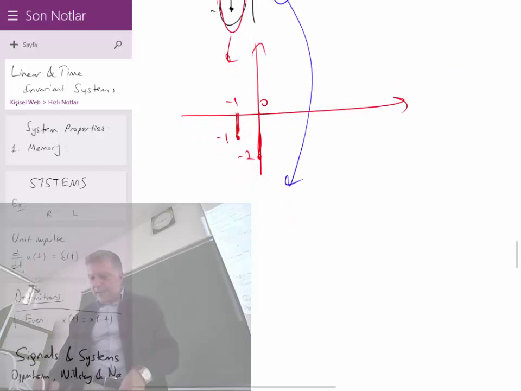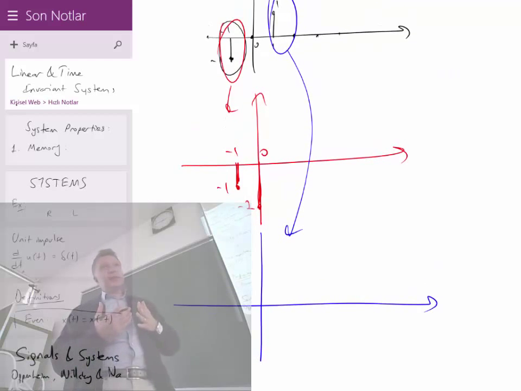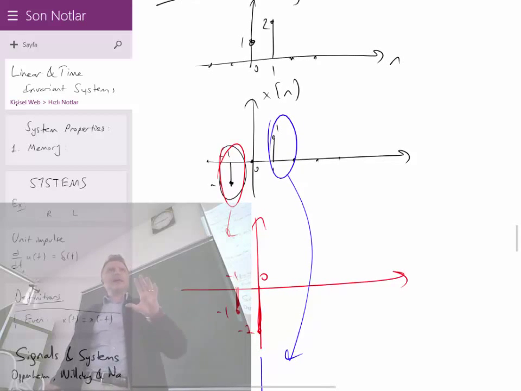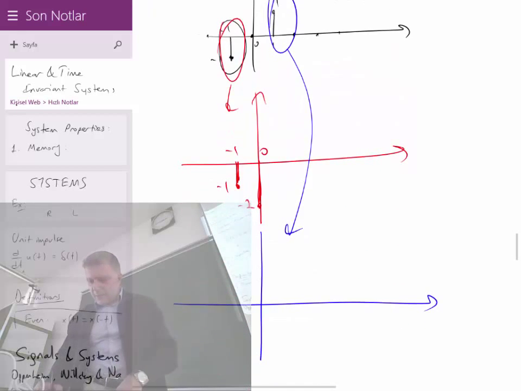The response to that will be this blue figure, which is an impulse shifted to the right. So the impulse response at the top must be shifted to the right and scaled by 1. So it doesn't need to be scaled, just keep it as it is, multiplication by 1. And the response will be this and this, 1 and 2 at 1 and 2.